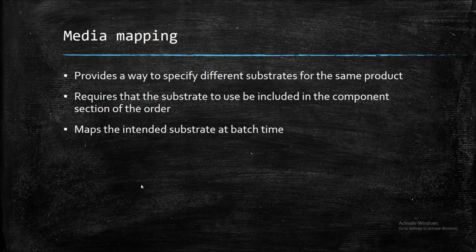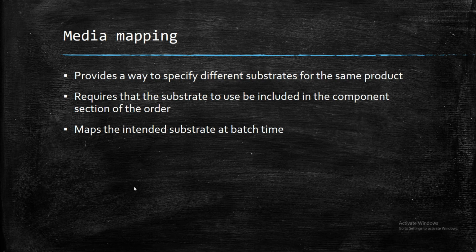So you might have a particular card product that the customer can choose 5 different substrates for that to be printed on. Now one solution might be to create 5 different products or 5 different sets of product templates within the Infinity software, where each one of those has the correct substrate defined within the batch definition.